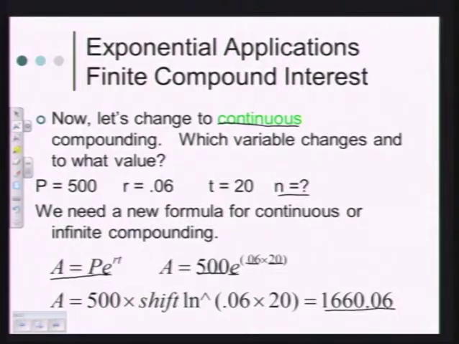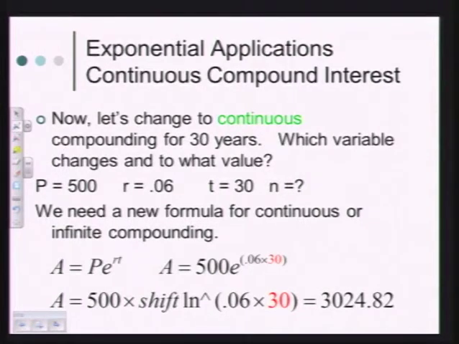Now he gets $1,660.06. Now let's summarize what we've learned so far in this case. And this is the case where we would have 30 years. We simply change the 20 in our exponent to 30, and he has $3,024.82.